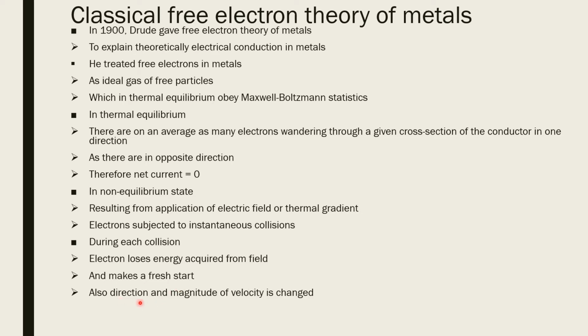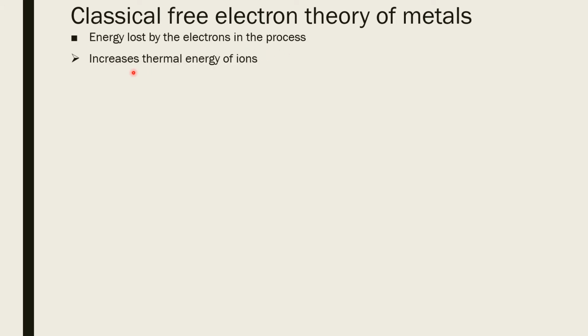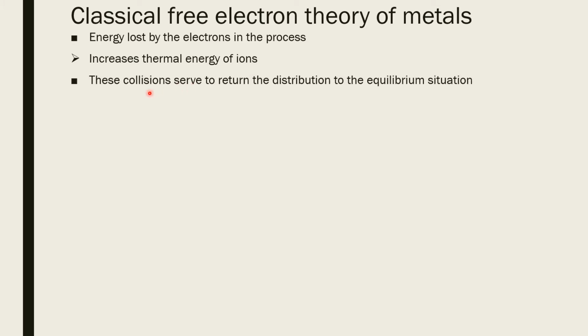Also, direction and magnitude of velocity is changed, leading to a zigzag motion of electrons. Energy is lost by the electrons in the process, which increases the thermal energy of the ions. These collisions serve to return the distribution to the equilibrium situation.